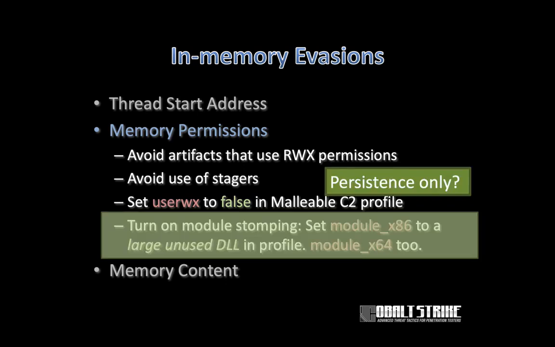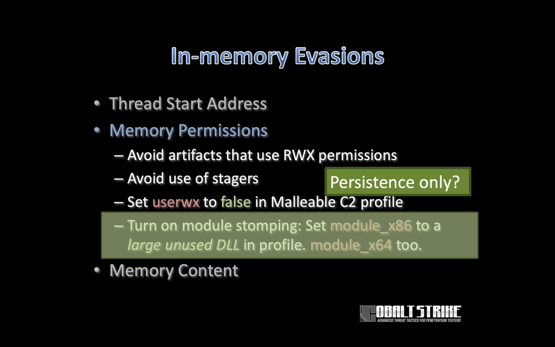I want to caution you, module stomping is a foot gun. If you choose a module that one of your process contexts needs to load later, and it instead references your stomped module, it will crash. Module stomping has some protection. For example, if the stomped module is already present when your beacon is loading, beacon will resort to the old behavior of calling VirtualAlloc.